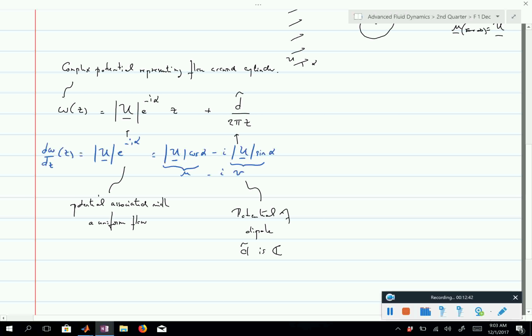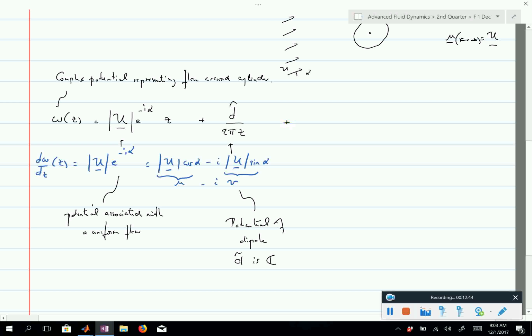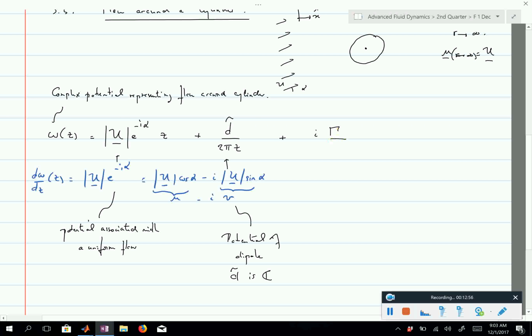This is our potential associated with the dipole, and the last thing we have to add is our irrotational vortex. And if you go back to your notes, the potential associated with an irrotational vortex is i gamma divided by 2 pi. Hold on.